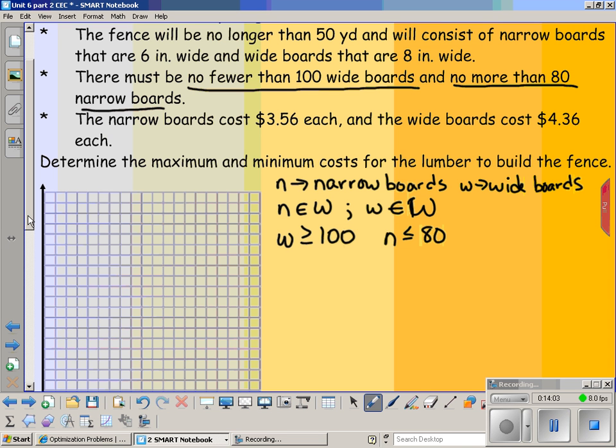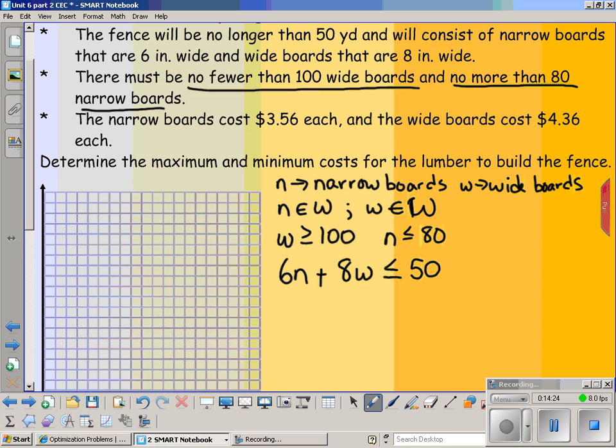So what we have to do is set this one up. We will have each narrow board is 6 inches, so 6 inches per narrow board plus 8 inches per wide board. This has to be less than or equal to 50 yards.